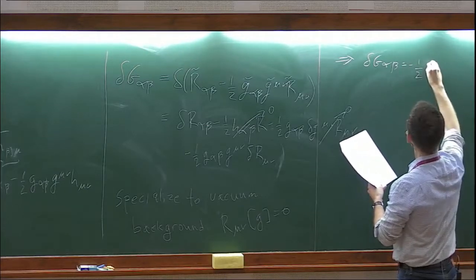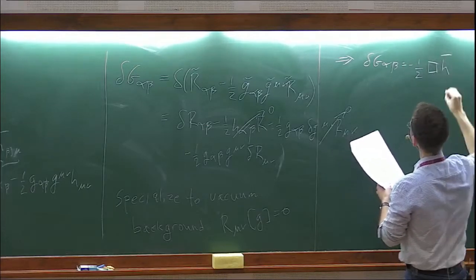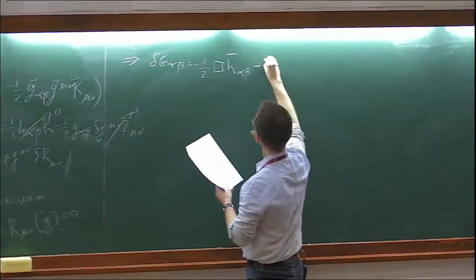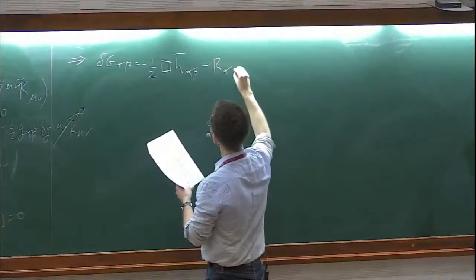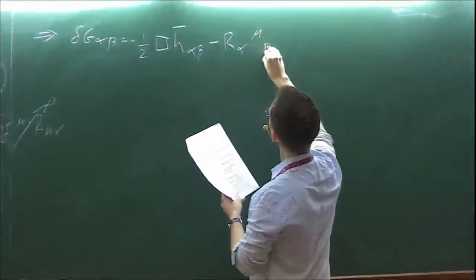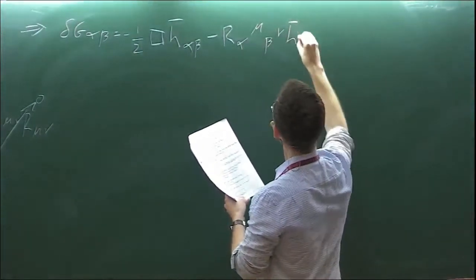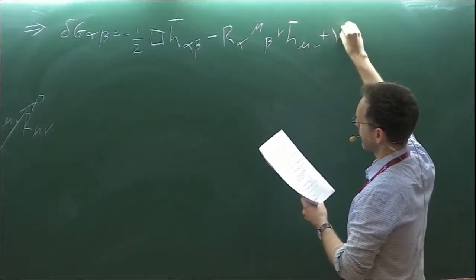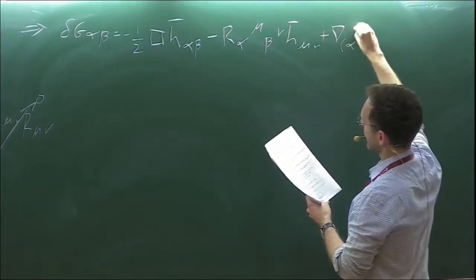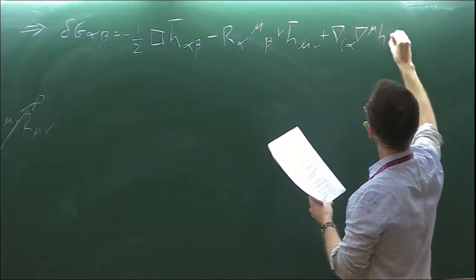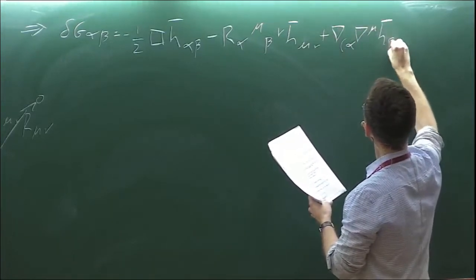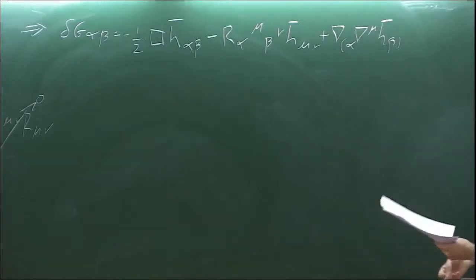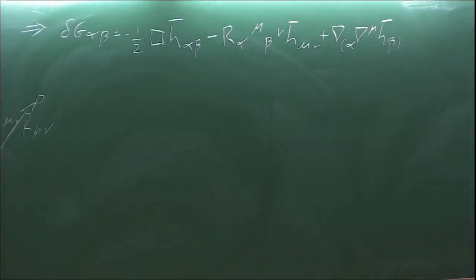So the explicit result, I'm now going to write entirely in terms of this trace-reversed metric perturbation. And as Luke noted, the trace-reversed metric perturbation is basically his h.